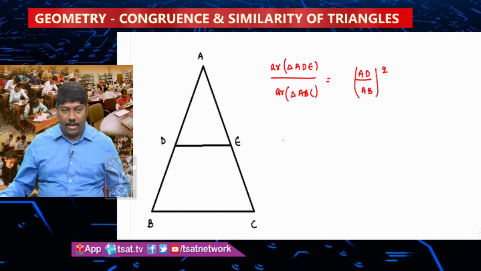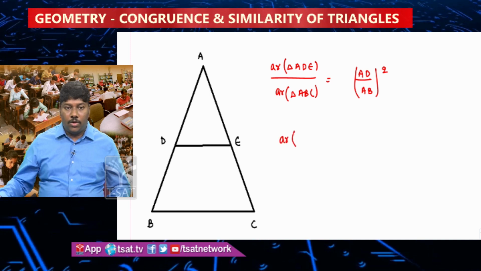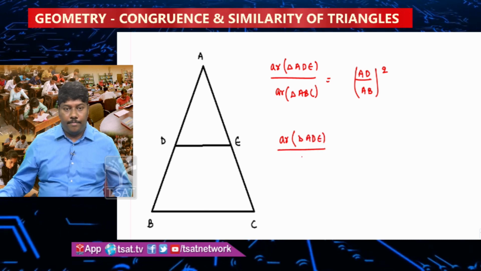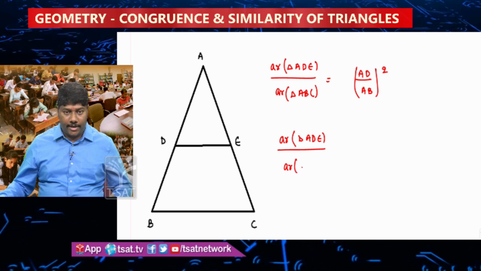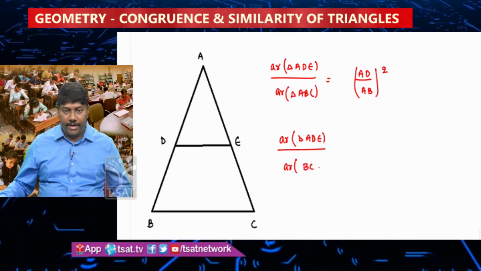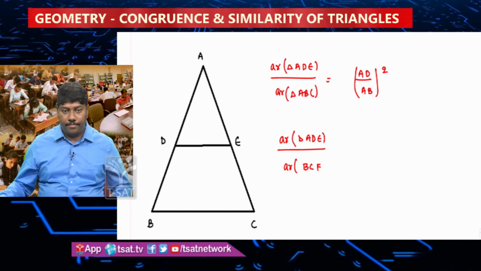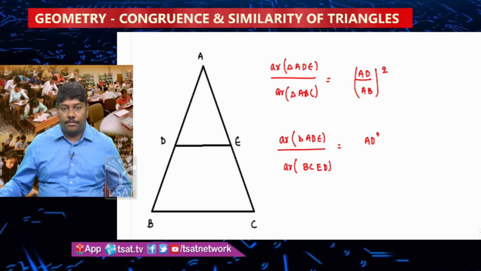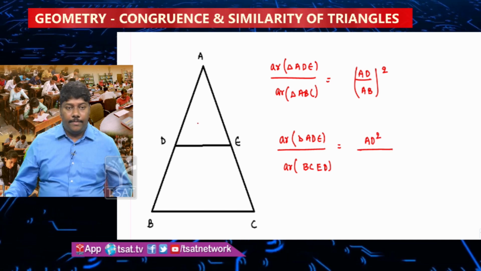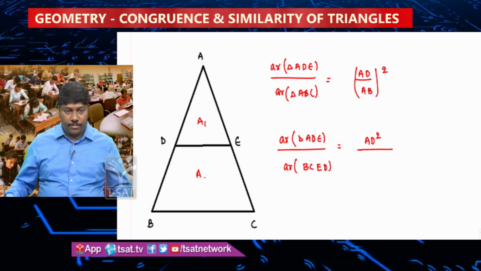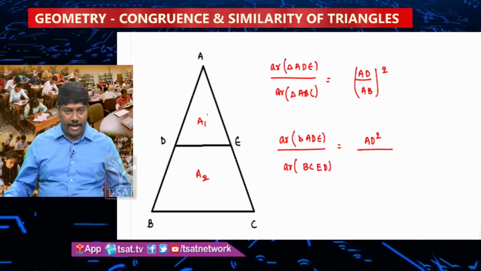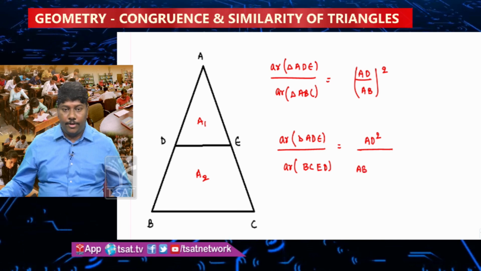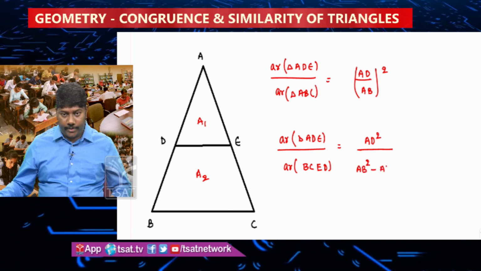Sometimes they will ask you the area of triangle ADE by area of quadrilateral BCDE or else BCED. So, how do you find it? AD square by, see, this is area 1, this is area 2. So, from the whole triangle you just need to subtract area 1. Therefore, from the whole AB square you must subtract AD square.